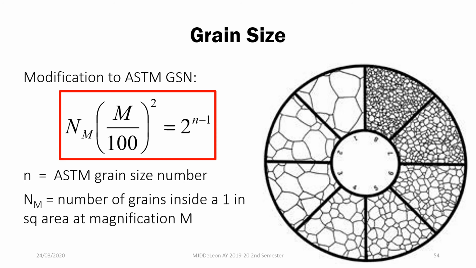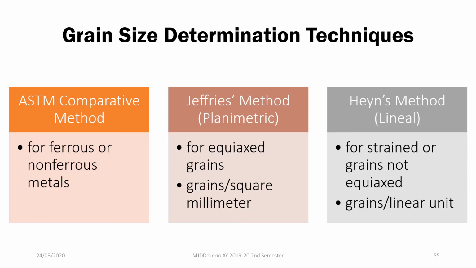So a modification to our ASTM grain size number when you're dealing with magnifications that are not at 100 times is the following formula. So you can just pause here or look at it in the slides kung paano ginagamit itong formula na to. So this is basically just a conversion from the 100x magnification to whatever magnification yung ginamit nyo in your testing. So there are other grain size determination techniques.